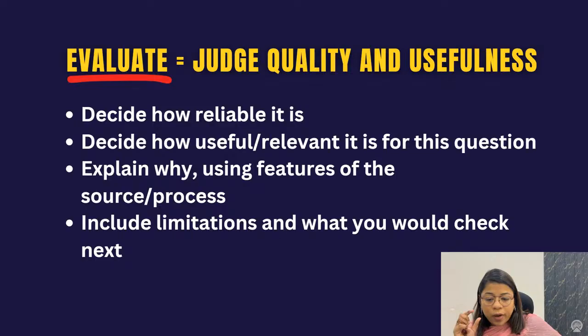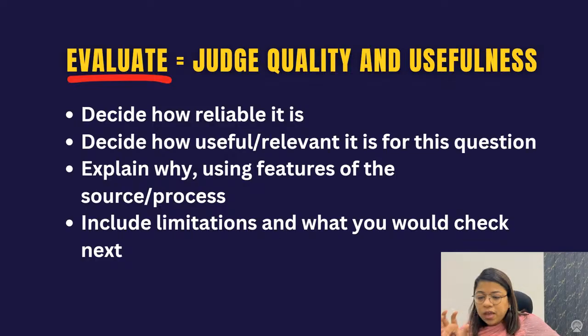So to find out the reliability of any source, you should ask these WH questions: who has written it, when it was written, what is written in it, and why. When you answer these four WH questions, you will also be able to decide how useful and relevant this source is for the question.